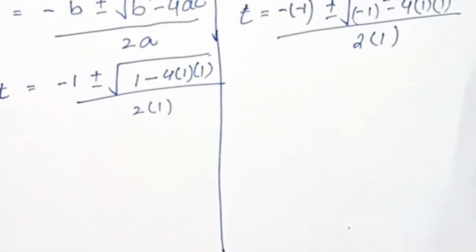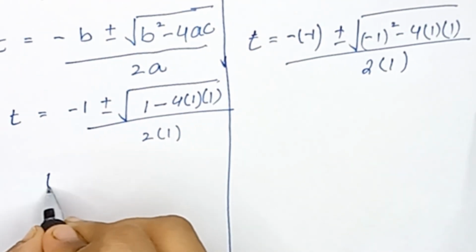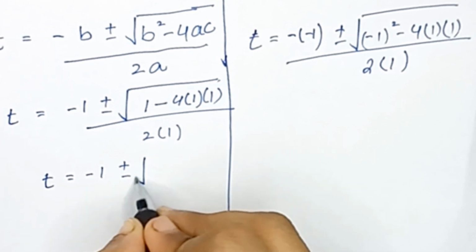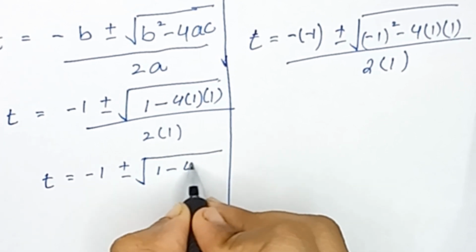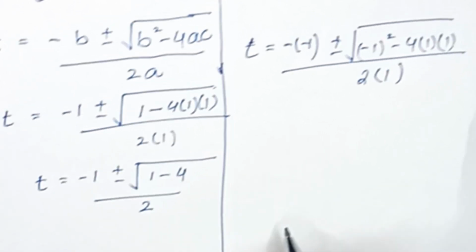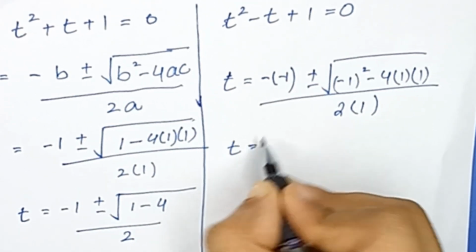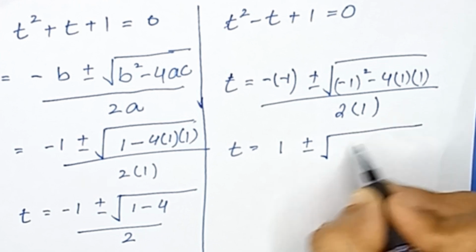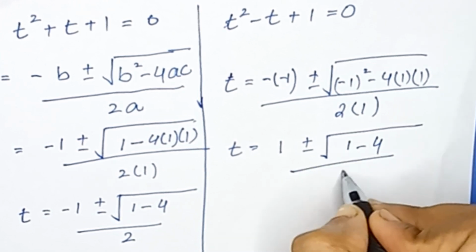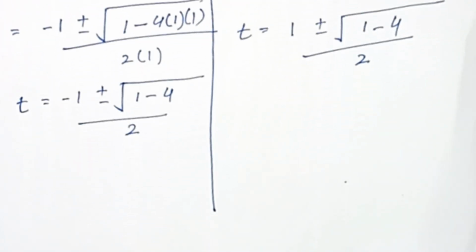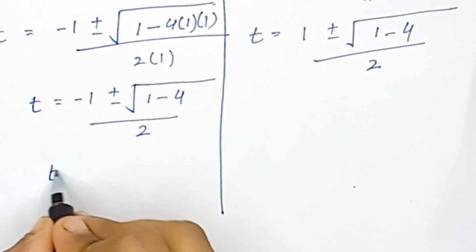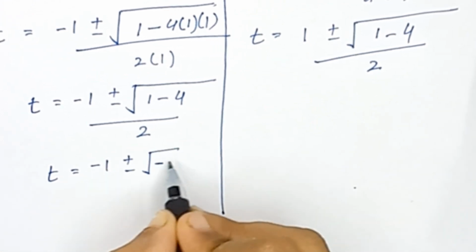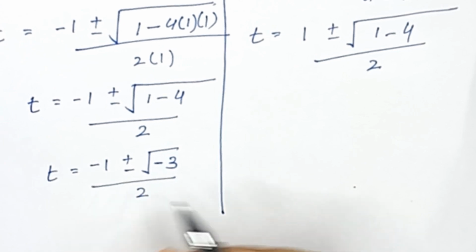So t is equal to minus 1 plus minus square root of 1 minus 4, divided by 2, and here t will be equal to minus becomes plus 1 plus minus square root of 1 minus 4, divided by 2. So from here t will be equal to minus 1 plus minus square root of minus 3, divided by 2.